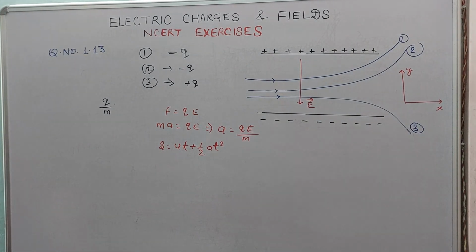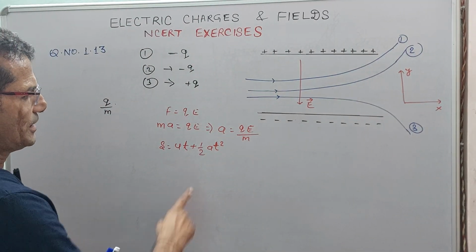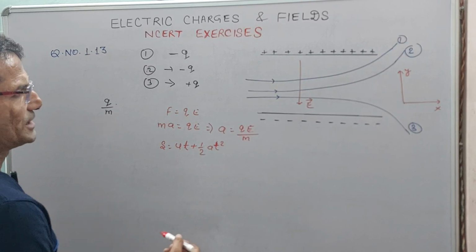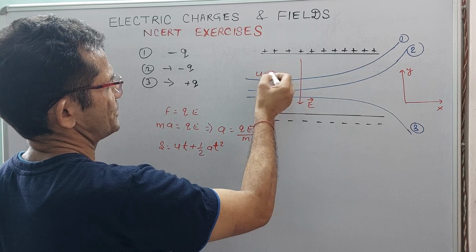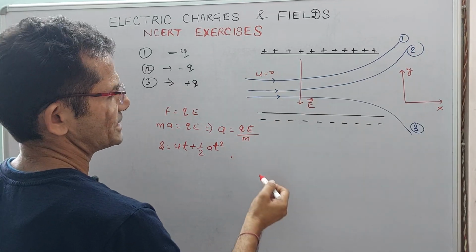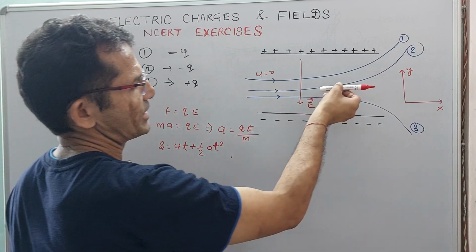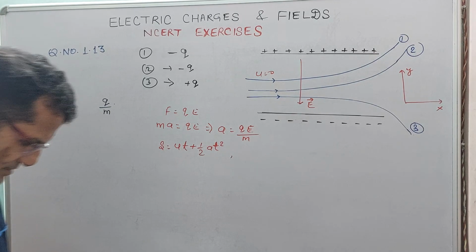Let us suppose the initial velocity u is equal to 0 for our calculation, and two particles are deflecting upwards and the third is deflecting downward.